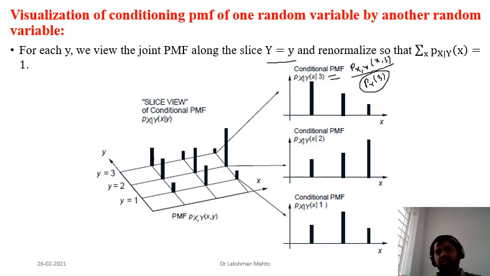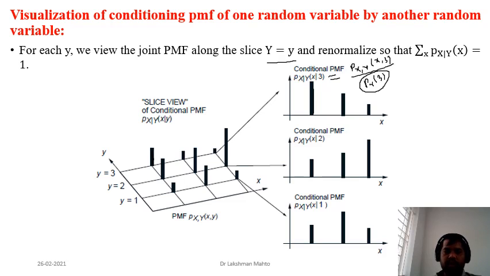If you divide by a number which is less than 1, the resultant will always be greater. So that's why you can observe that if you divide by this probability, this height has been increased. Further, if you divide by the probability of y taking 3, it has simply increased in this way.